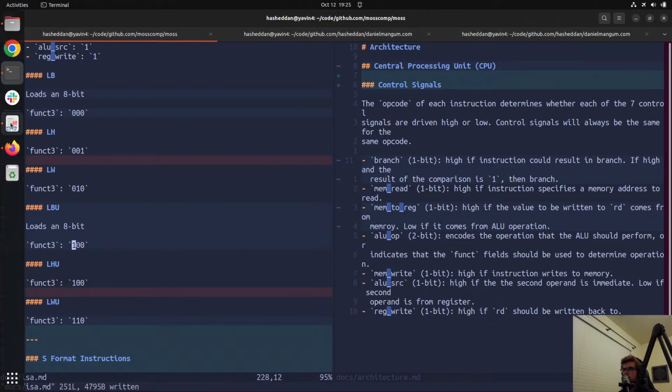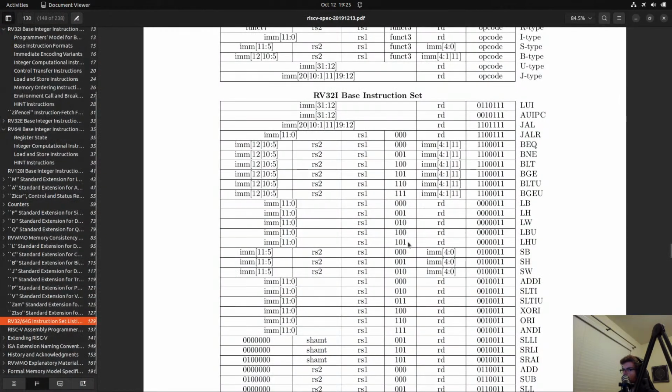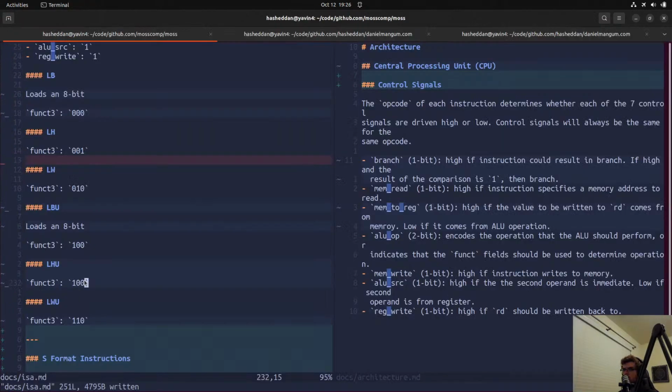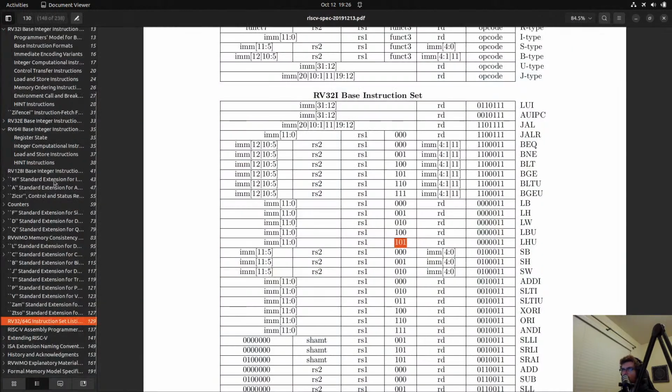And I think LHU is 101. Is that right? Yep, LHU 101. Which I should know because we're just counting up here. Loads an 8-bit value from memory.